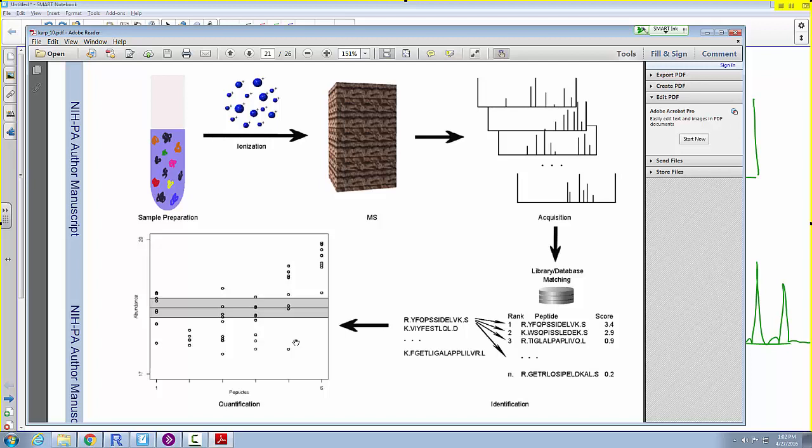But in reality, if you zoom in real close, each spot actually has lots of spots, different probes that all target in slightly different ways the same gene. Affymetrix calls the collection of probes that target the same gene a probe set. That's what we talked about as a probe set early on.